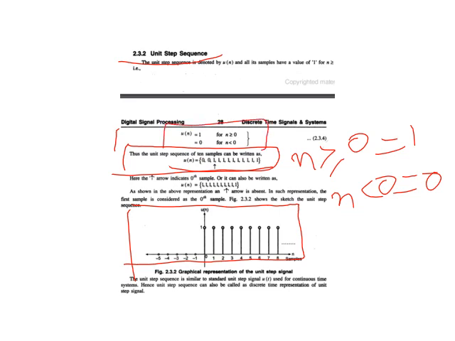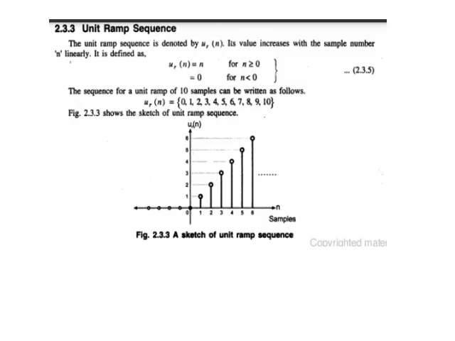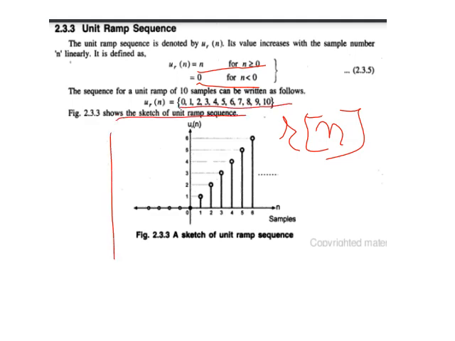And the tabular representation, again you know how to write it, but we don't use the tabular representation. Then the unit ramp sequence, it is UR of n, also known as R of n. It is n for n greater than or equal to 0, or 0 otherwise. So this is the sequence form, this is the graphical form. Same thing we have discussed in unit number 1, so there are no issues with this.